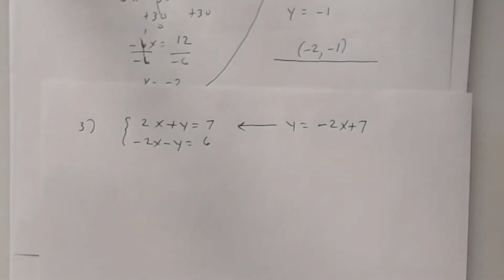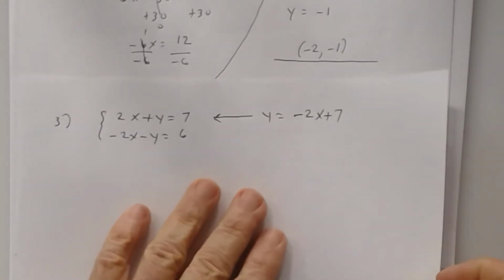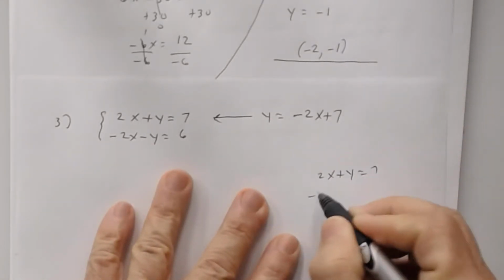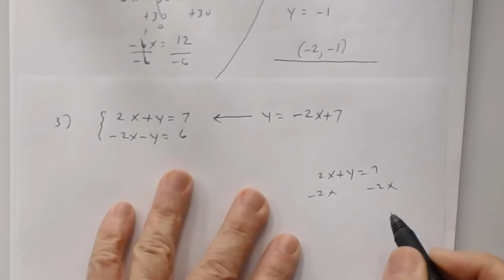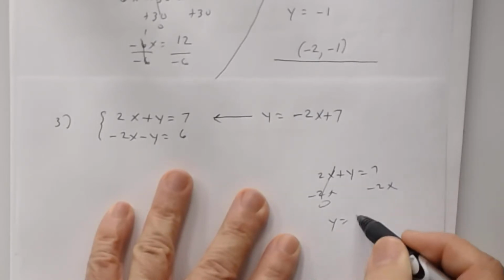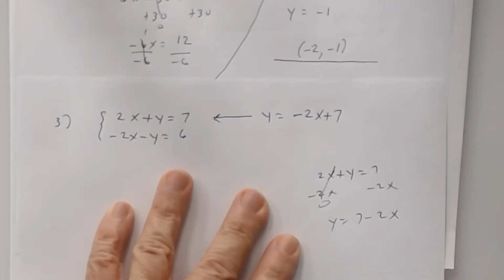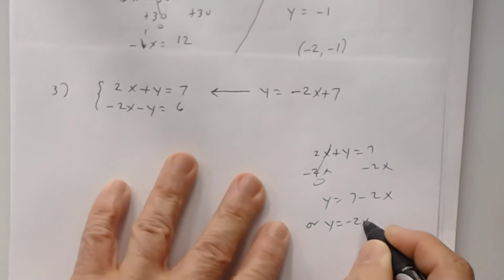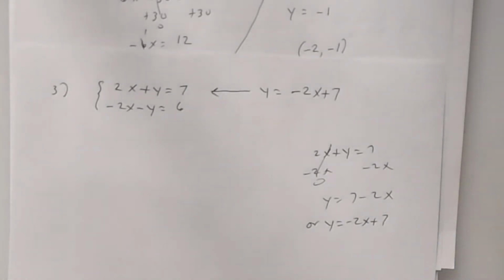Because remember, what you're doing here, if you didn't quite see this, you're subtracting 2x from both sides, right? And so when you combine like terms, you get y equals 7 minus 2x. Or you could say y equals negative 2x plus 7. So that's what you did.